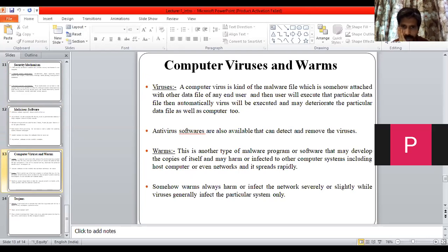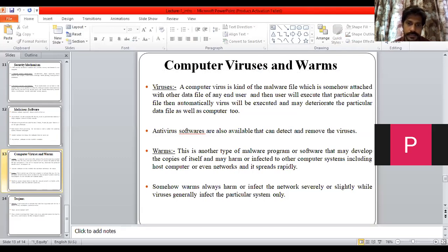So you attach an infected file to the user's file, and you call it a virus. And another type of malware may develop copies. Any virus or infected file that develops different copies, you can simply call a worm in place of a virus. Simple thing.